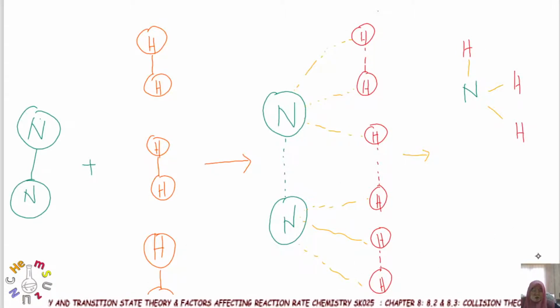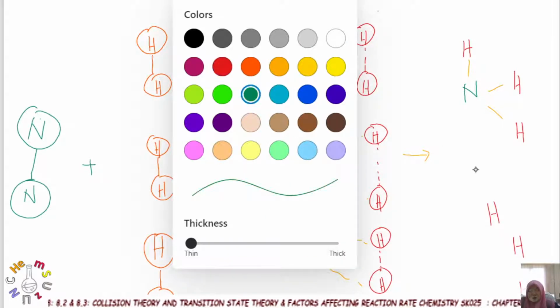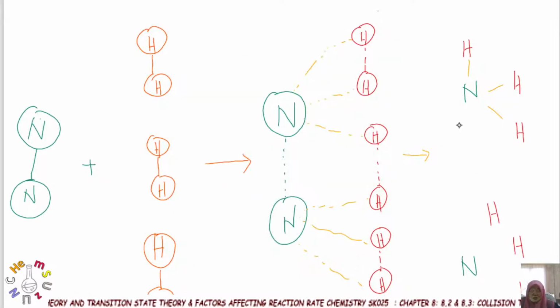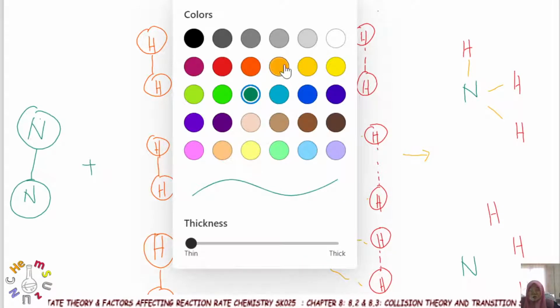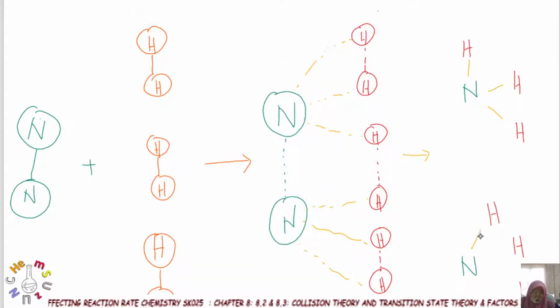It's the same with this one. We have 1 hydrogen, 2 hydrogen, 3 hydrogen, and then we have a nitrogen. They are bonded with a new bond. 1, 2, 3. Tambah kat sini. Betul tak macam tu?